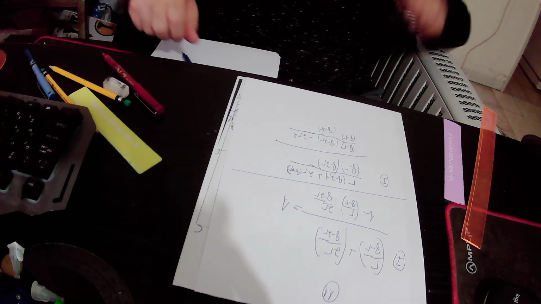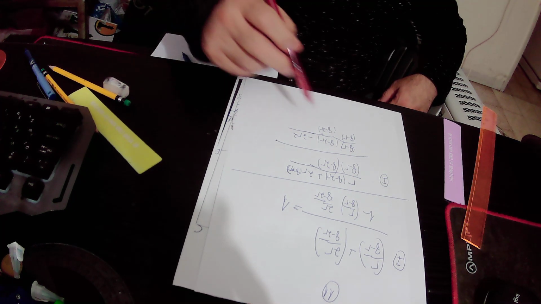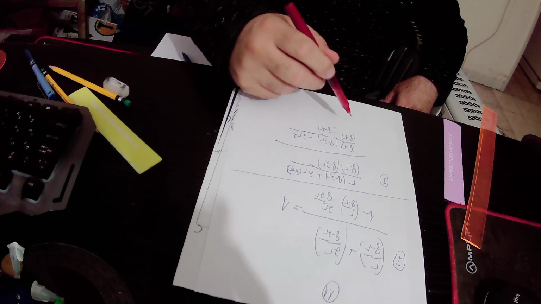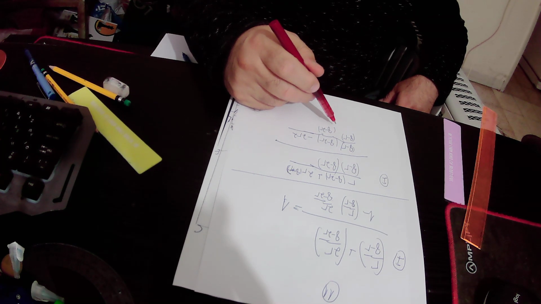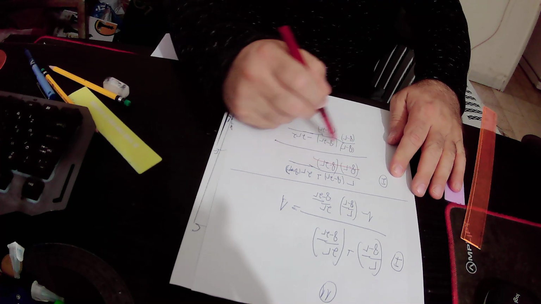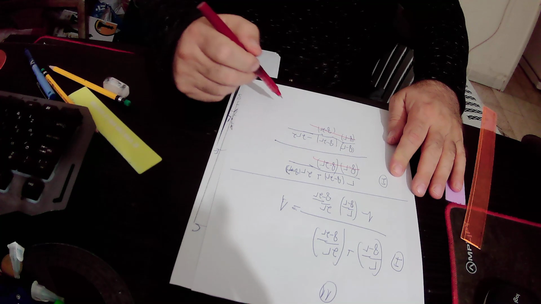So actually we have here 8 minus R times 8 minus 2R, and 8 minus R times 8 minus 2R in the other expression, so those expressions will cancel.